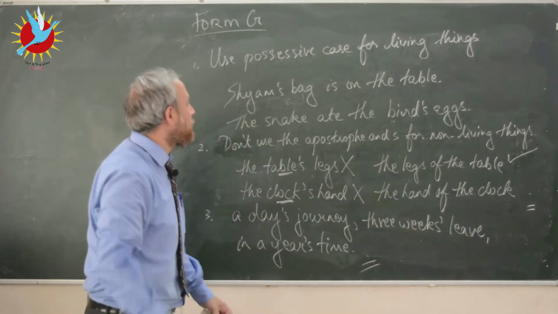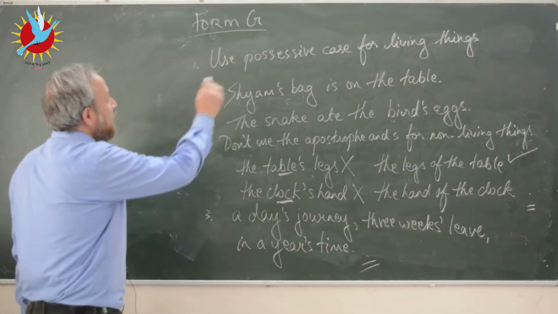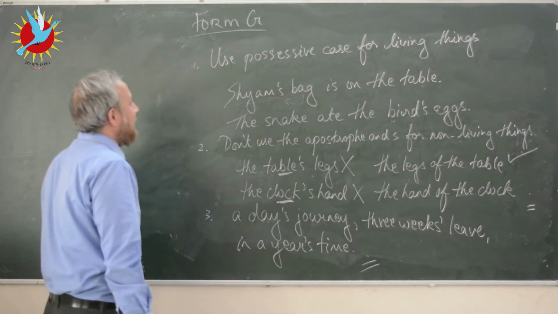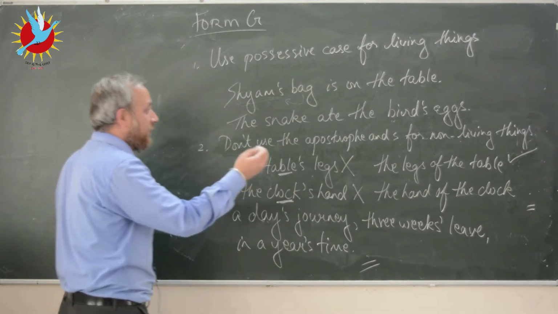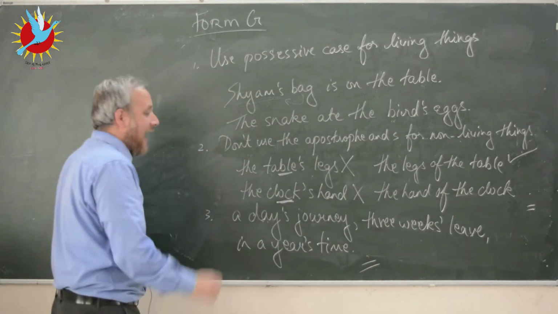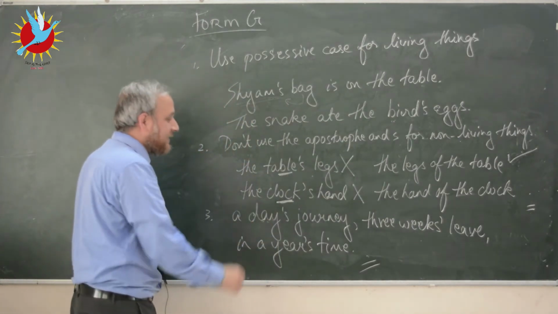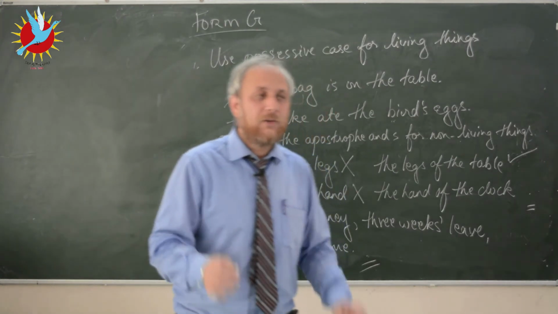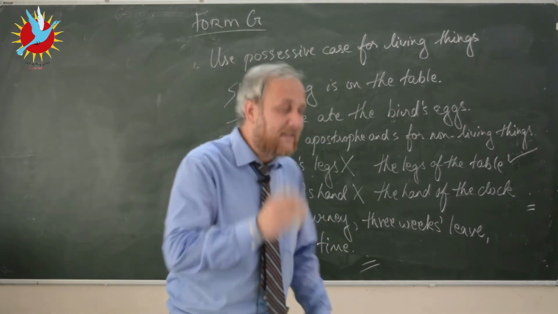Okay, so I just want you to remember this, that we use the possessive case for living things. We do not use the apostrophe and S for non-living things, remember that. And we also use the apostrophe and S with expressions of time. So as of now, I want you to remember this.